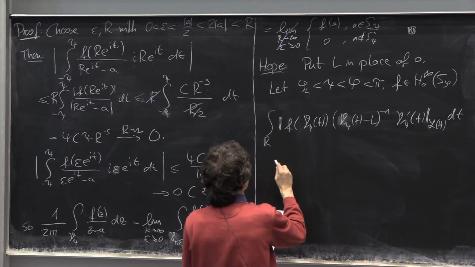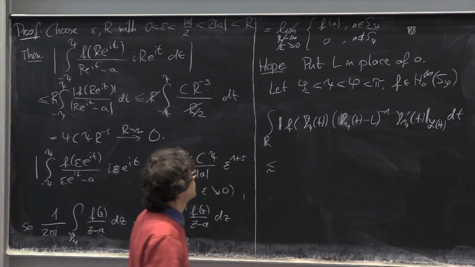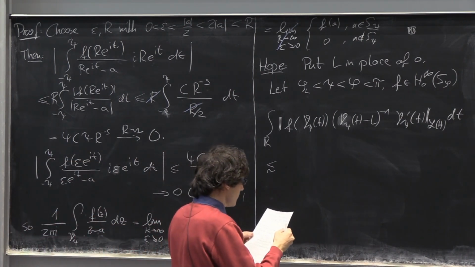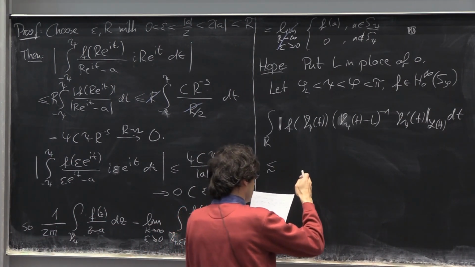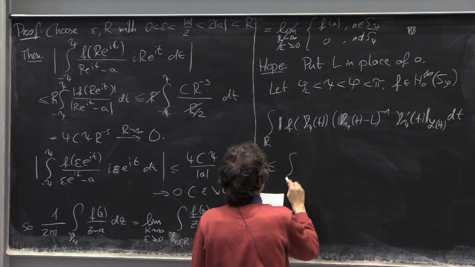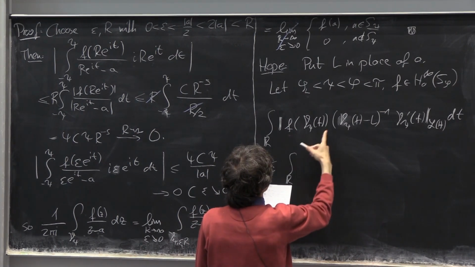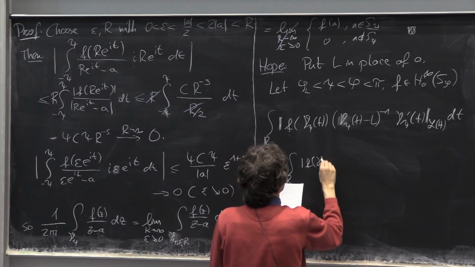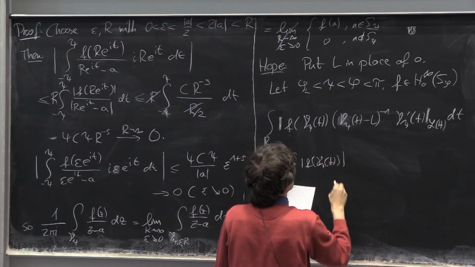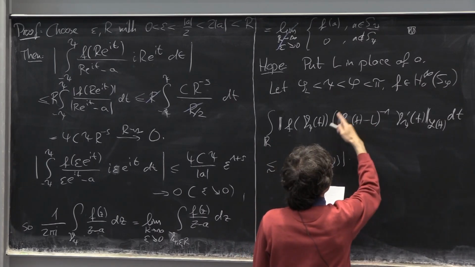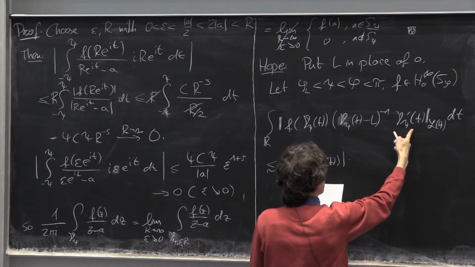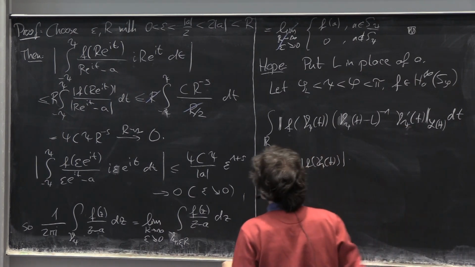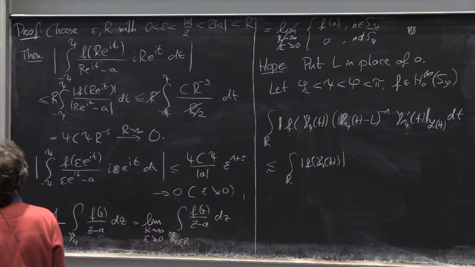So what happens here? Let's put in everything we know. If you do the estimate, the first thing is that f of the path is a complex number, so you can take it out as an absolute value. Then you have this resolvent, which also is a complex number that you can take out as an absolute value. The even nicer thing is gamma psi prime.